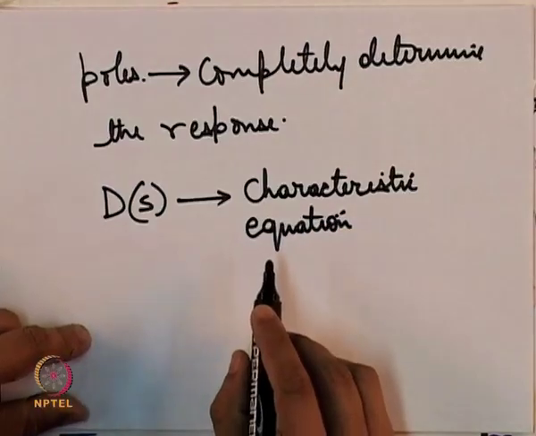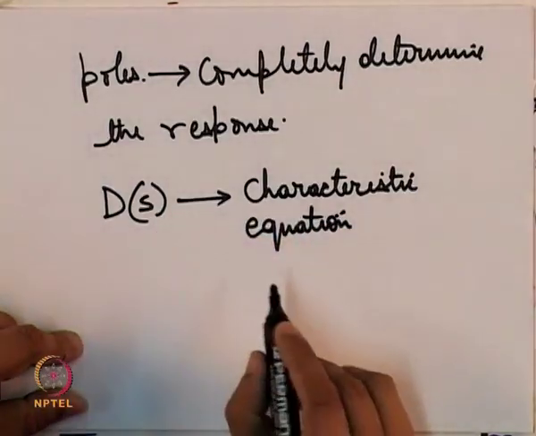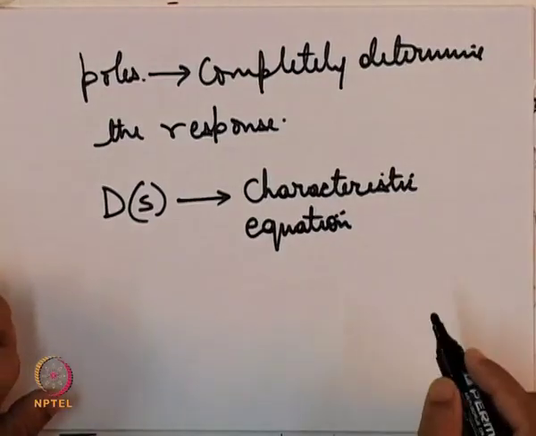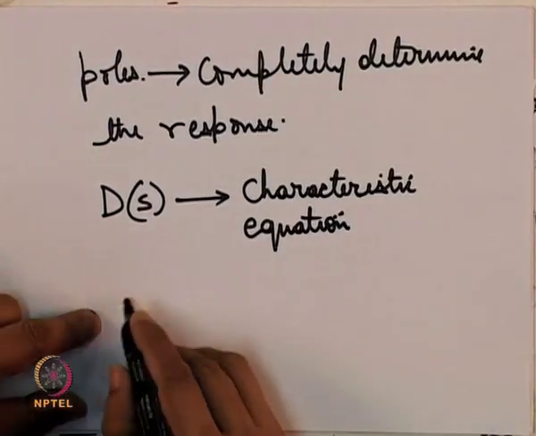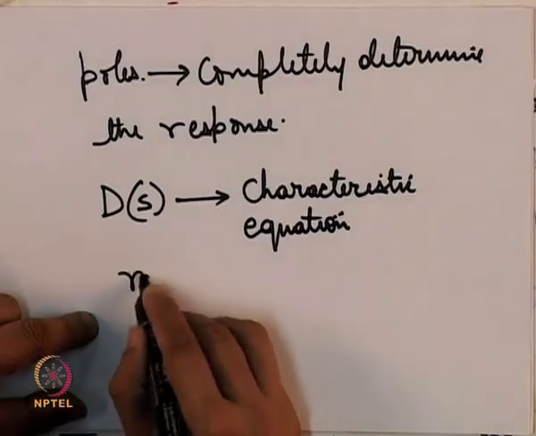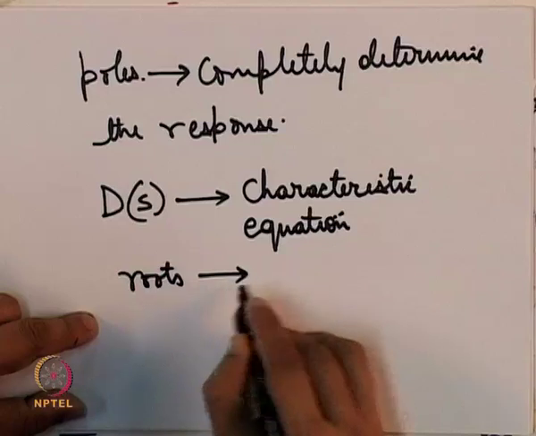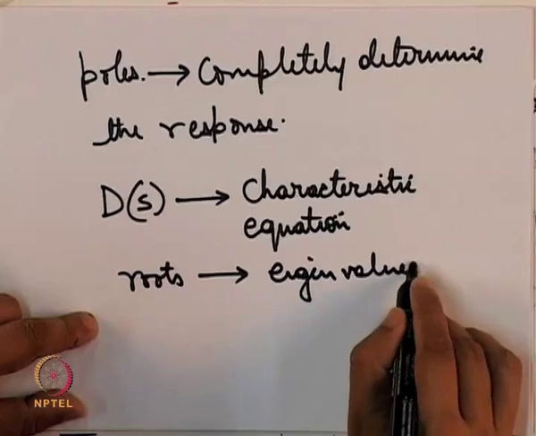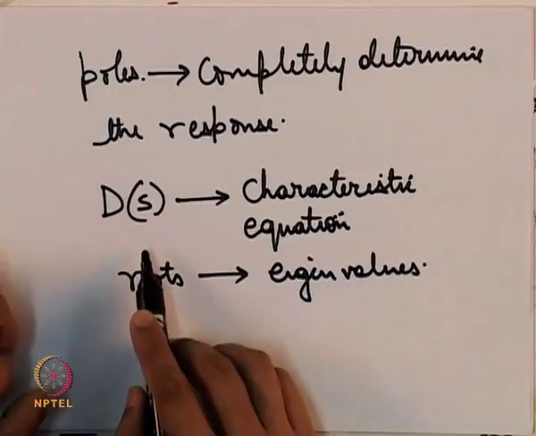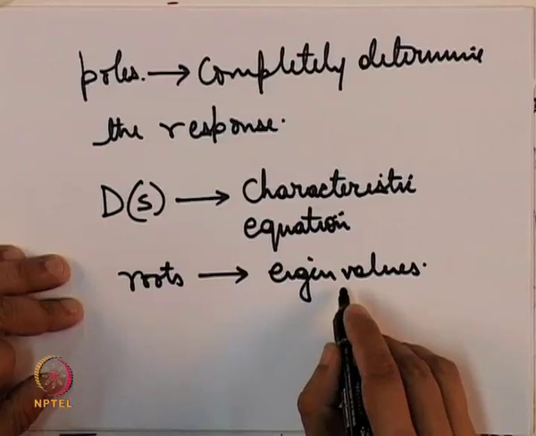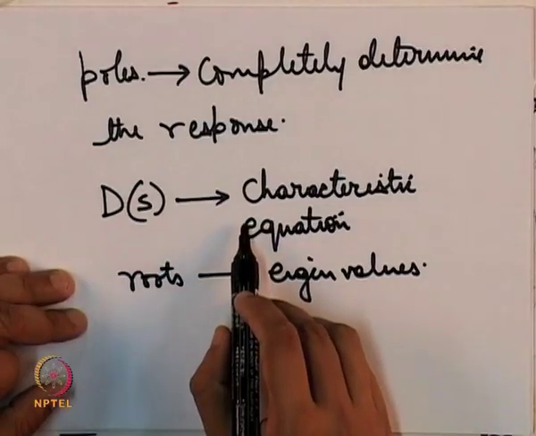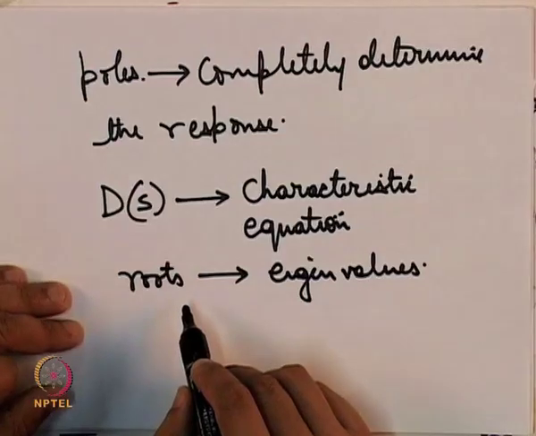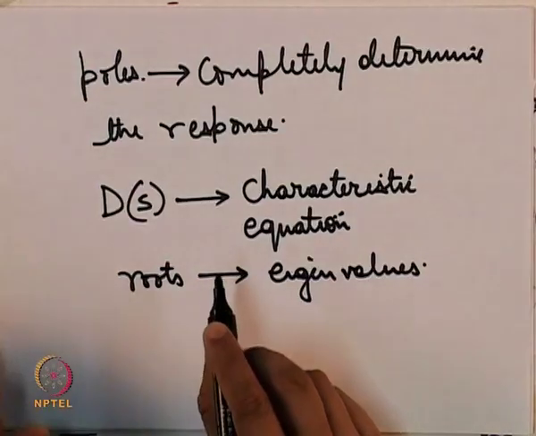And the roots of the denominator polynomial, which are also known as the poles, are also known as eigenvalues. So eigenvalues are the same as the poles of a system, except that eigenvalues is a term used for the characteristic equation, whereas poles is a term used for the transfer function.